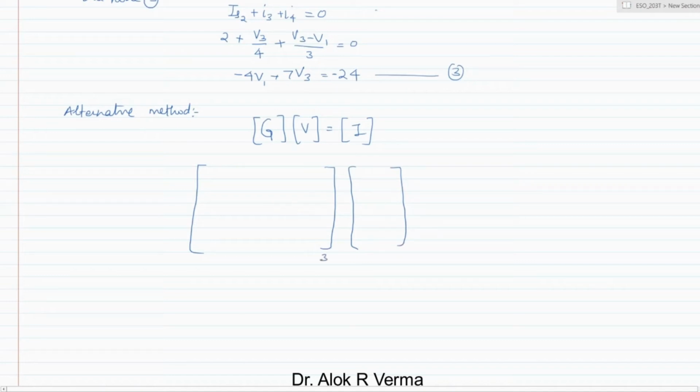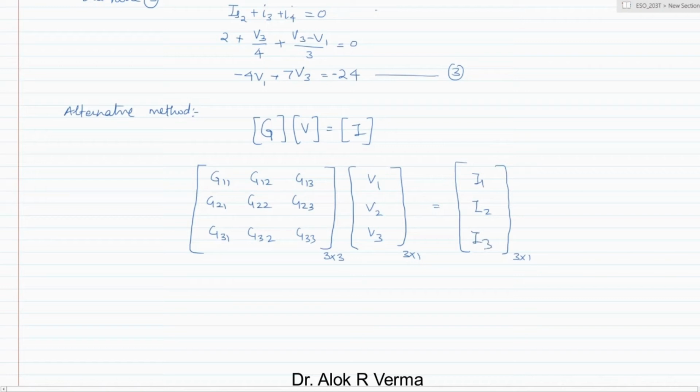The order of the node conductance matrix will be 3 by 3, and this will be 3 by 1, and the source currents at different nodes will be 3 by 1. So this is V1, V2 and V3. This is G11, G12, G13, G21, G22, G23, G31, G32, G33, and this is nothing but I1, I2, I3.